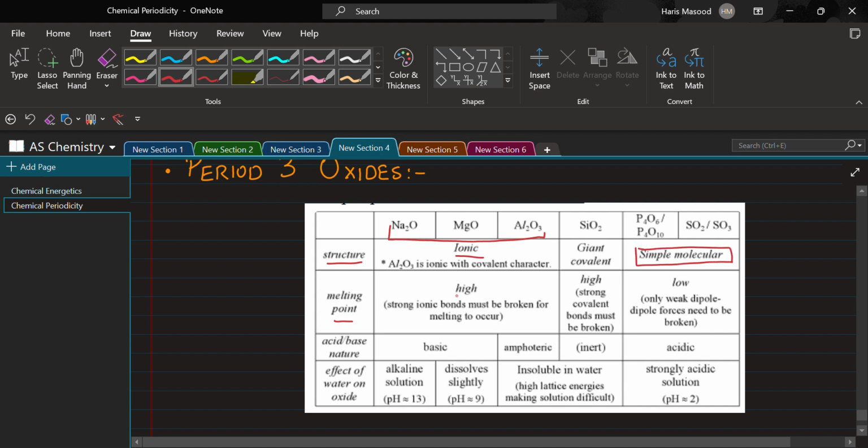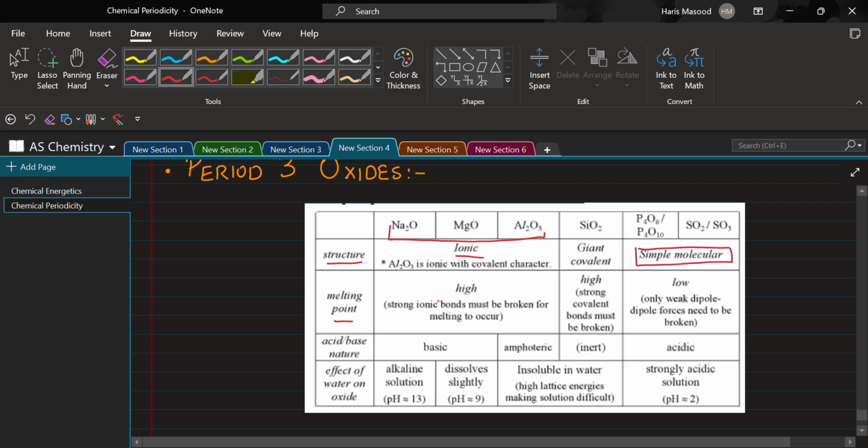Melting point, if they are ionic, then high melting point, strong ionic bonds. SiO2 also high melting point because of strong covalent bonds. And these are simple, so low, only weak dipole-dipole, or we call it weak van der Waals forces, that need to be broken.